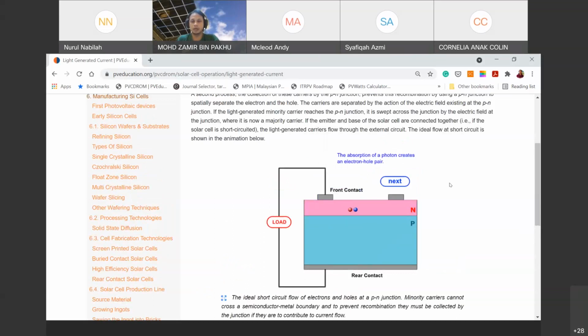So if the photon has an energy of more than or equal to the band gap, so if you're talking about silicon, then the photon has to have energy of more than or equal to 0.12 electron volt. Light will be absorbed, okay? We learned about this in generation.